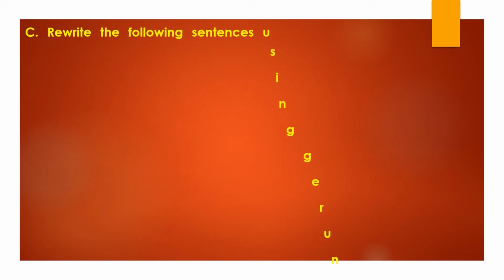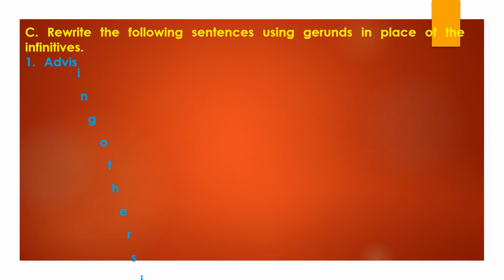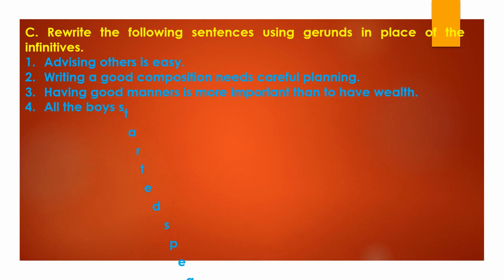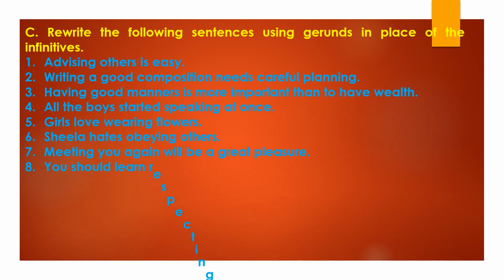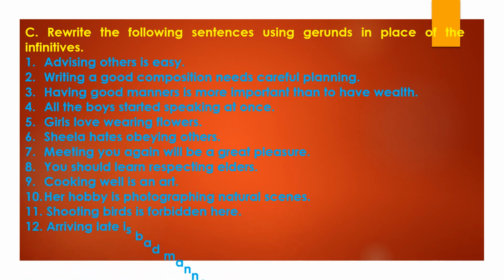Question number C. Rewrite the following sentences using gerunds in the place of the infinitives. Remember children, infinitives I told you, explained you. Infinitive means adding to. You can see in the question, the first question is, it is easy to advise others. Okay, so we remove to, and whatever is added with to, that is advise.